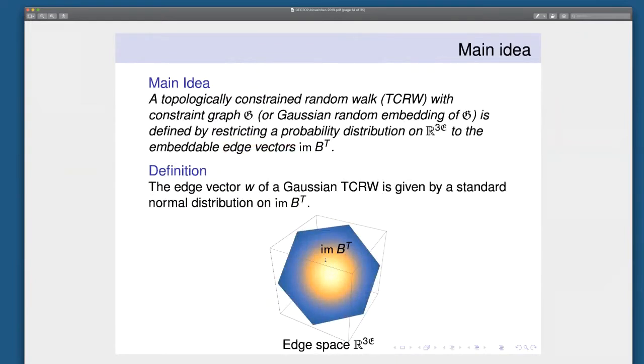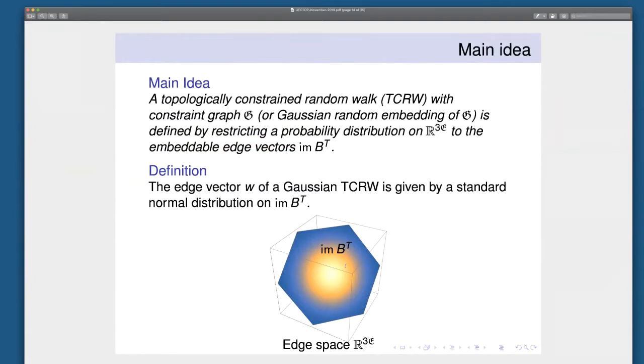Okay, now here's the idea. On this linear subspace of edge space, we'll just have a standard multivariate Gaussian. So we can define this Gaussian either intrinsically on the subspace or by projecting a standard Gaussian from all of edge space to the image of B transpose.